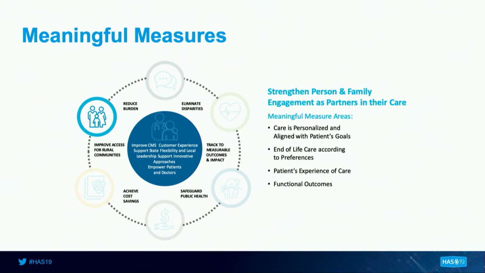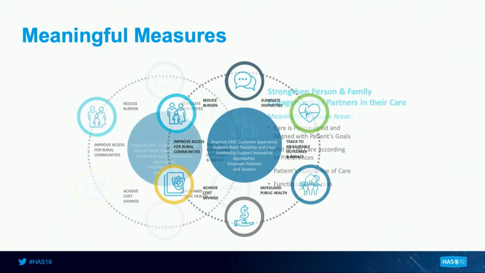So we have the healthcare priority, which is in the blue text, strengthen person and family engagement, and then underneath we have these meaningful measure areas. That's where we want to make sure we're creating measures in each of these areas to achieve that goal. So, do we have measures that track whether care is personalized and aligned with patient goals? Do we have measures that demonstrate that providers are doing that? End of life care according to preferences. Do we have measures that do that?